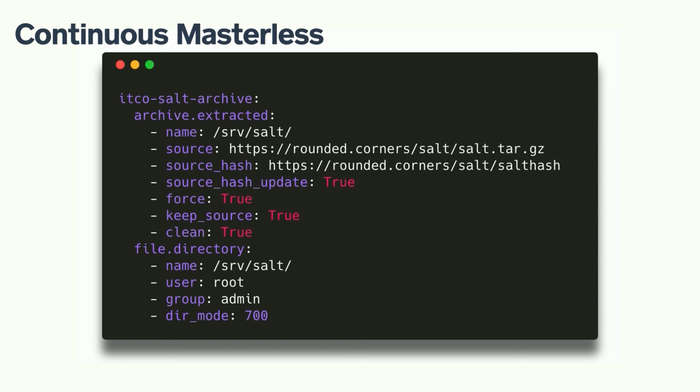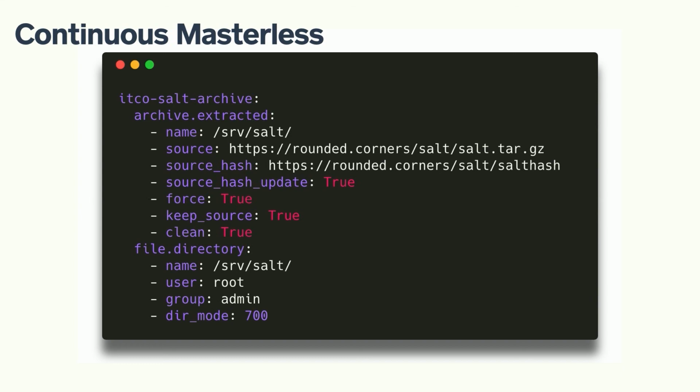And then say something else is in that particular directory, the force key says forcibly extract this archive to that particular directory no matter what's happening, so use that with caution. Keep source says cache the old tarball around so you can compare it later.